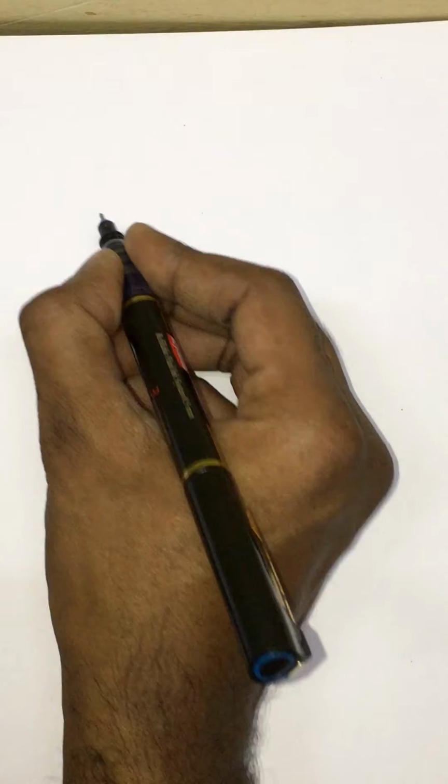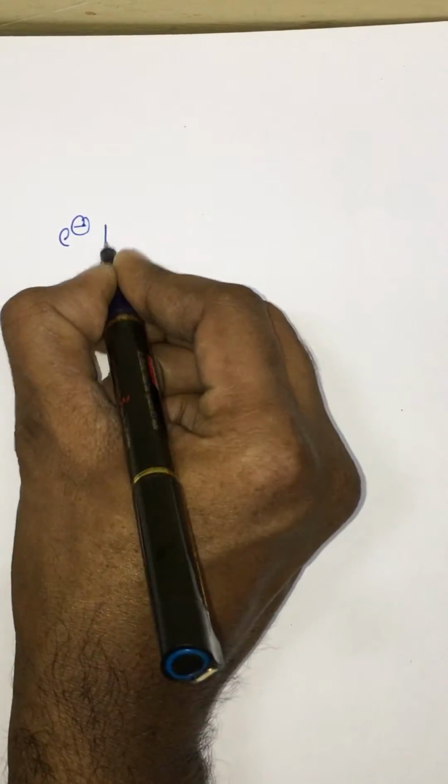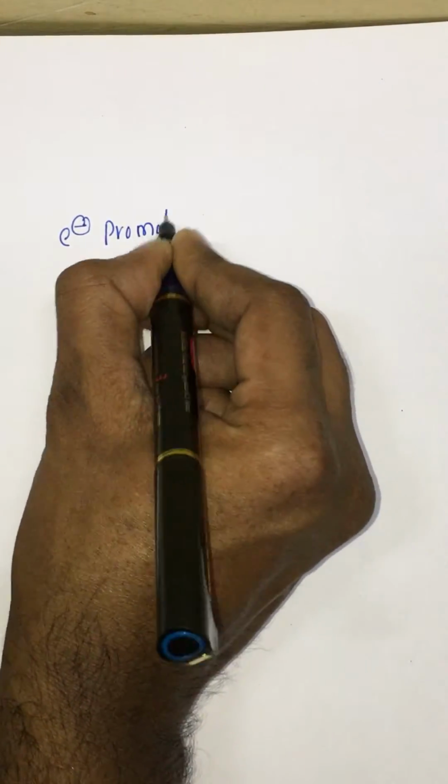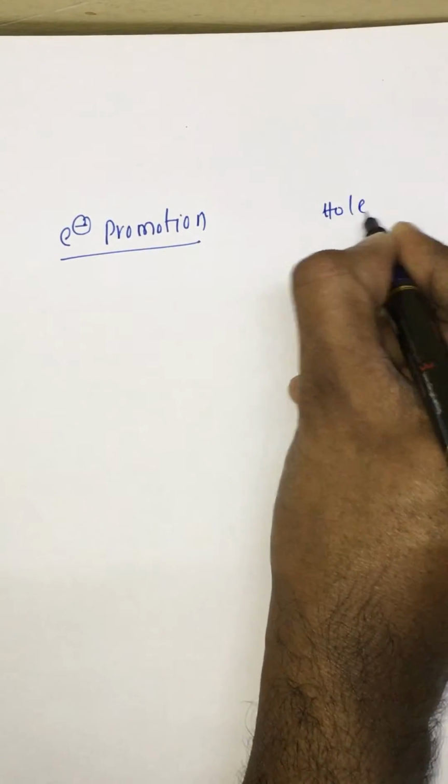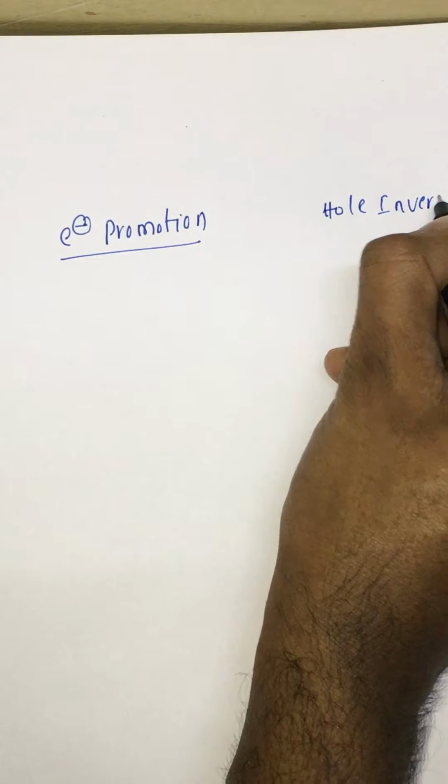And now complexes which show electron promotion, they show a different kind of d orbital splitting. We have complexes which show electron promotion, and complexes which show hole inversion.